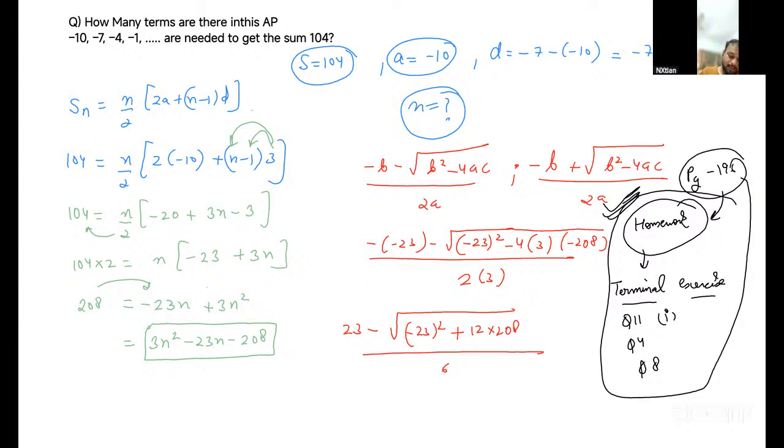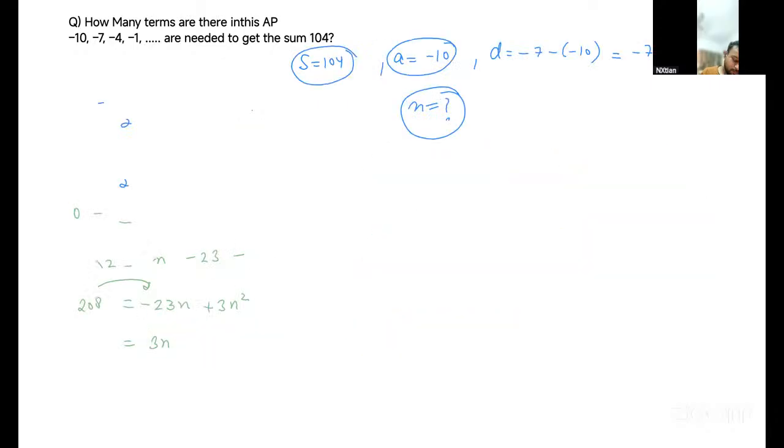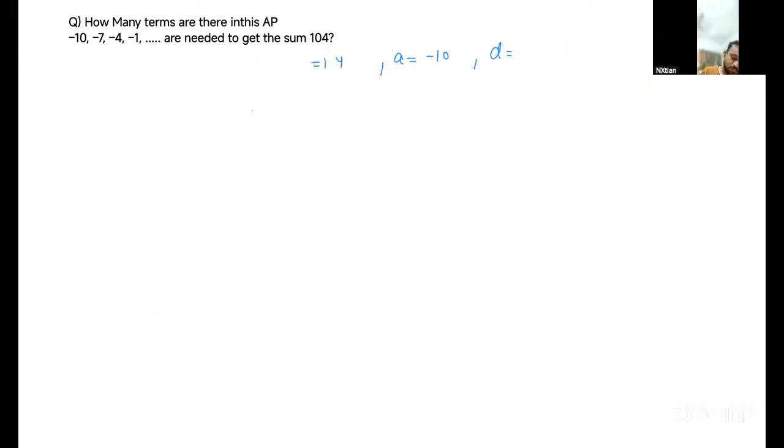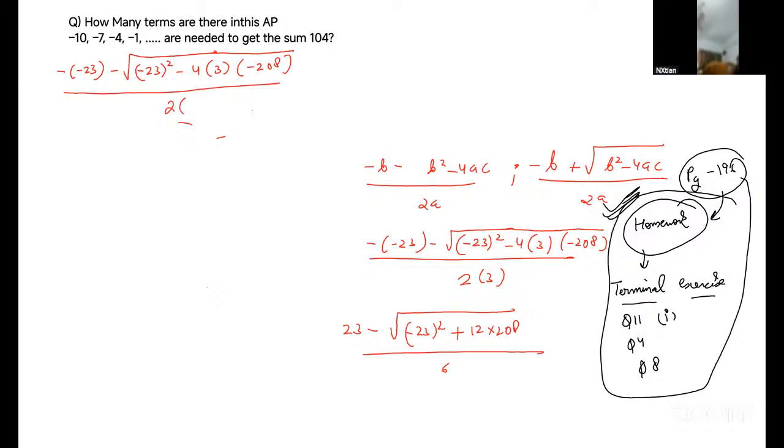Okay. So now Betty has a problem. Betty, what problem do you have? I got stuck solving. Which part? So it's minus of minus 23 minus b square, which is minus 23 square, minus 4 into a, which is 3, into c is minus 208, upon 2 into 3.